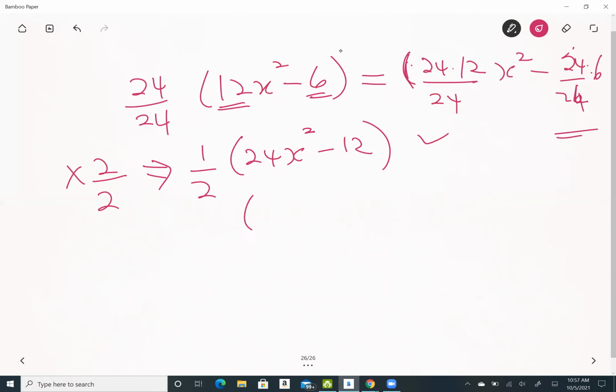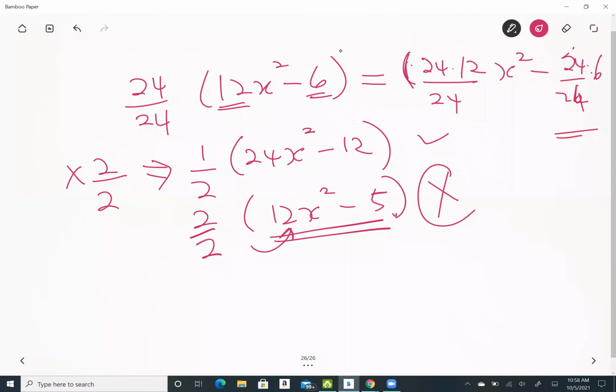Suppose you are given 12x squared minus 5. Now there is no factor between 12 and 5. If you multiply by 2 over 2, you can only do it at that point. You cannot do this one. So if you got something like this, that means we cannot integrate.